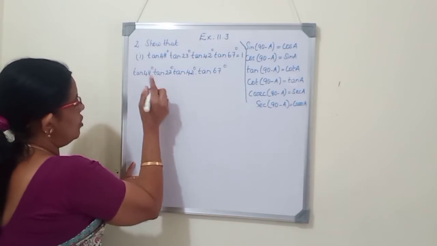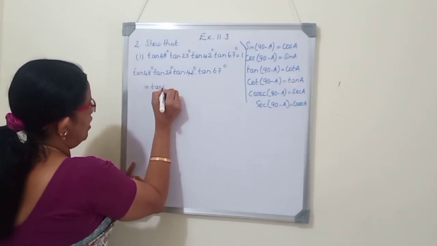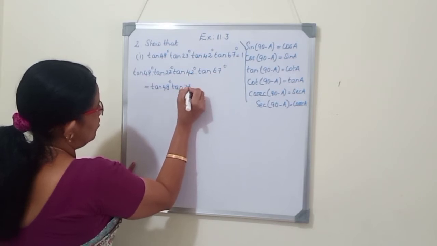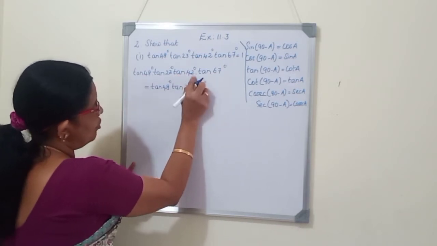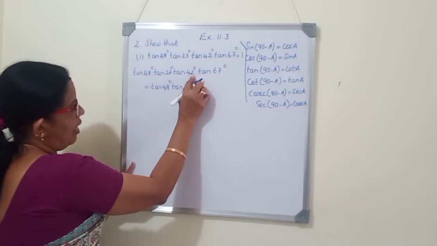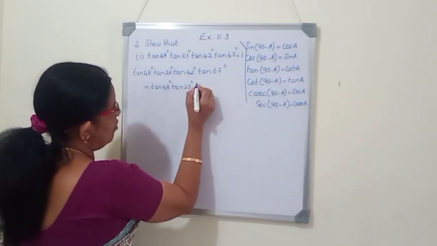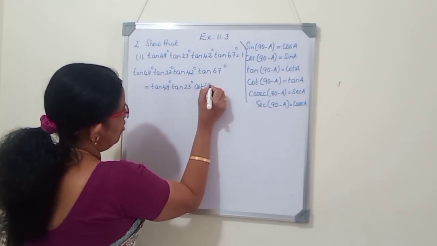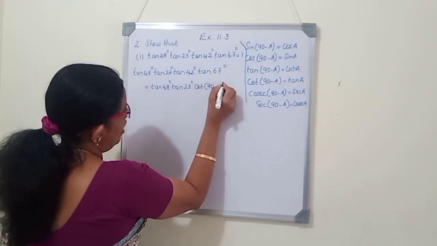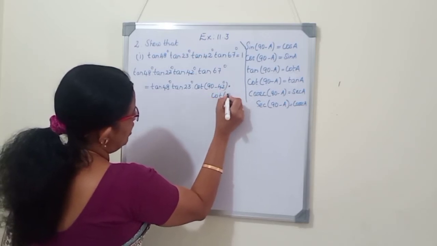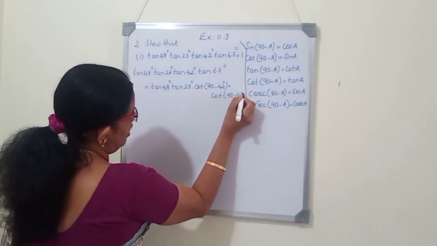So if I write first two as it is, tan 48 degree, tan 23 degree. Now tan 42 we have to change. So what is tan A? Tan A is cot 90 minus A. So instead of tan 42 I will write cot 90 minus 42 degree, and instead of tan 67 we can write cot 90 minus 67 degree.